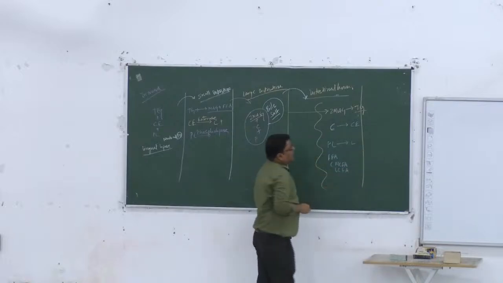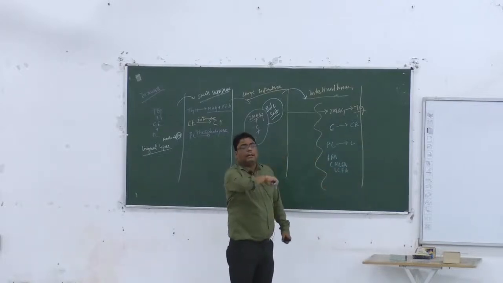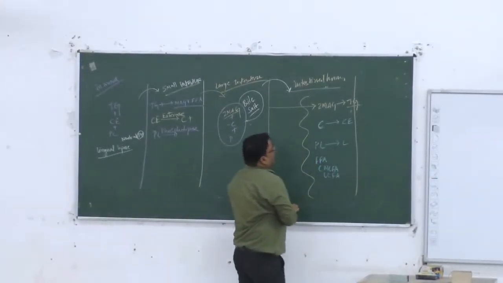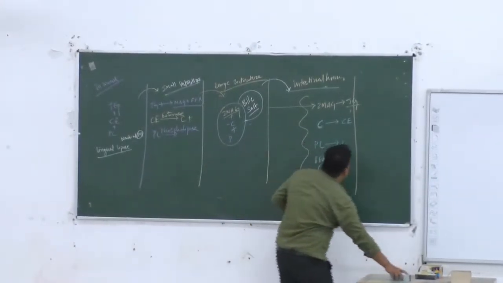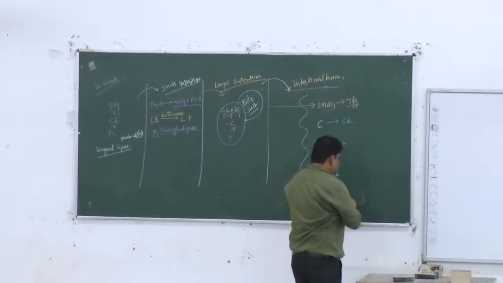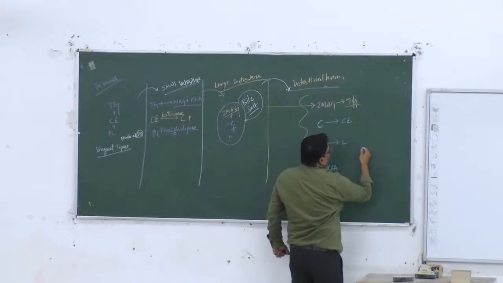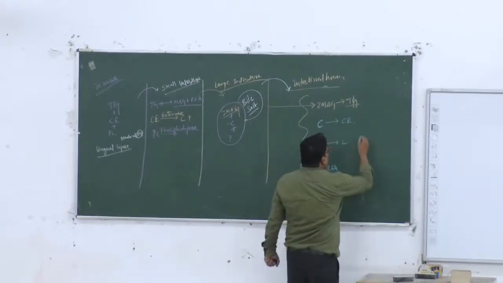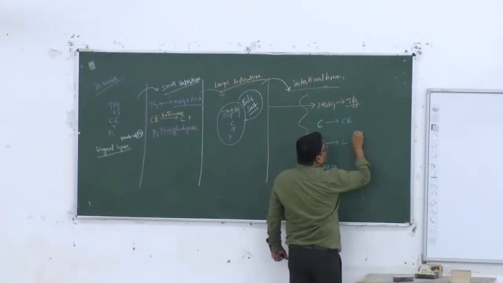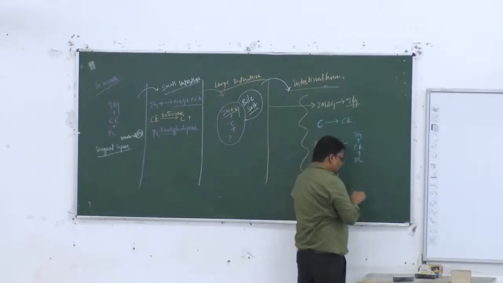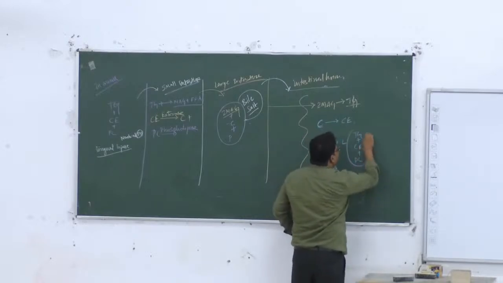Now what is happening in the next step, how is it going to be absorbed in the blood? It majorly forms first a molecule called chylomicron. Chylomicron is a lipoprotein molecule which contains TG, cholesterol ester, and phospholipids, and these are all aggregated.